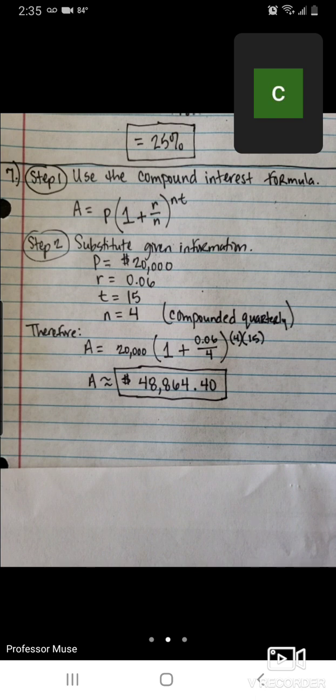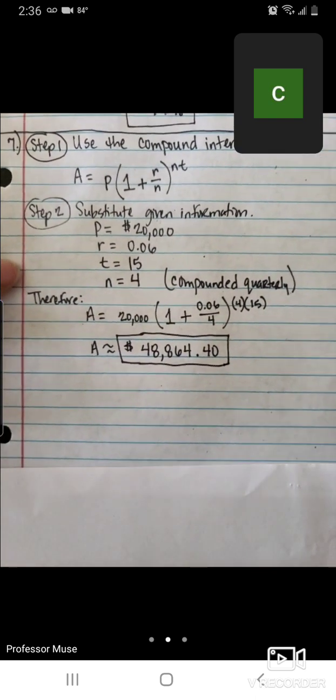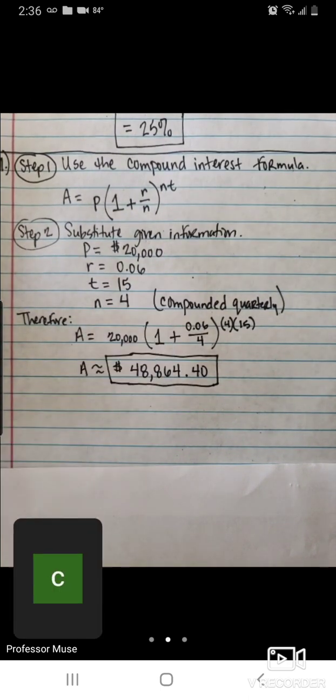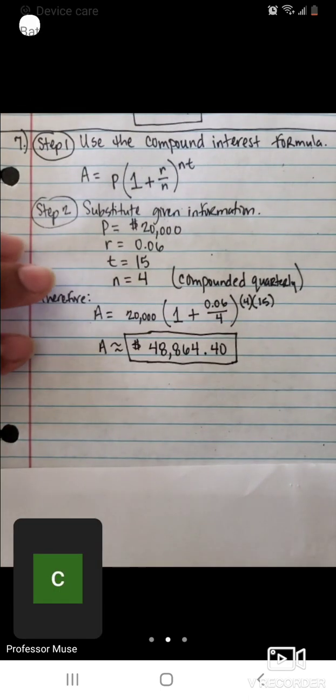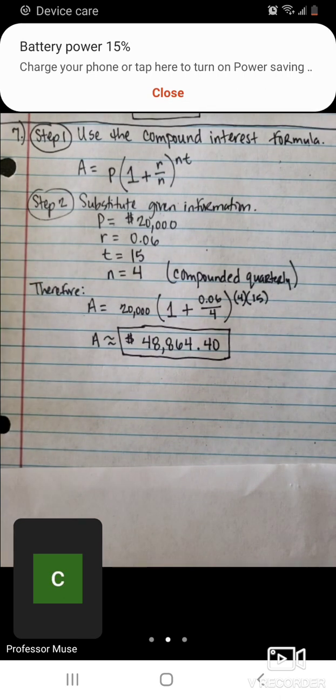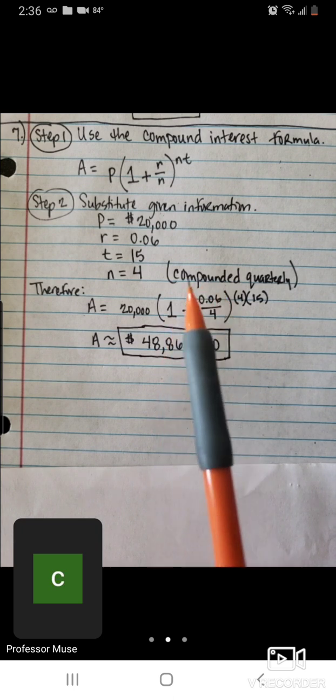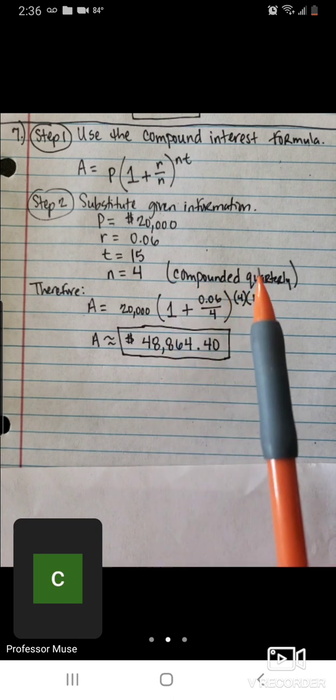All right, so in step 1, as you can see, you're going to use the compound interest formula given in step 1. And then the second thing you're going to do is substitute your given information.